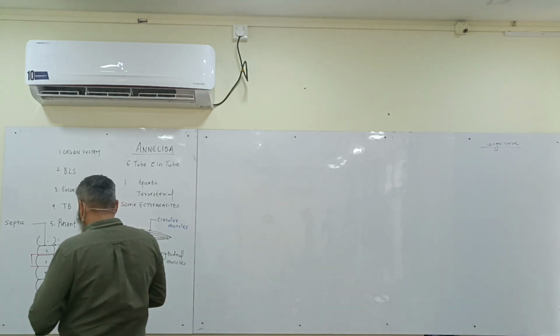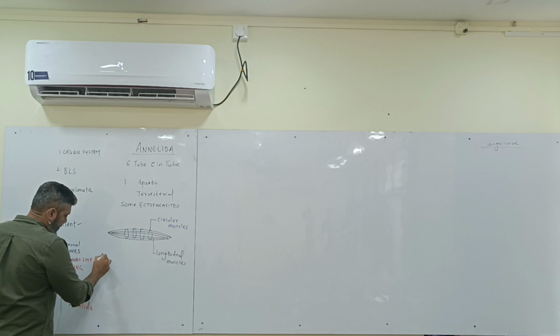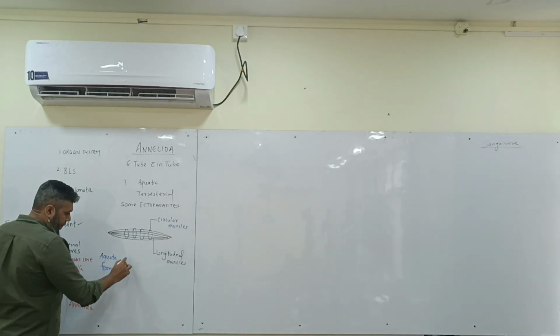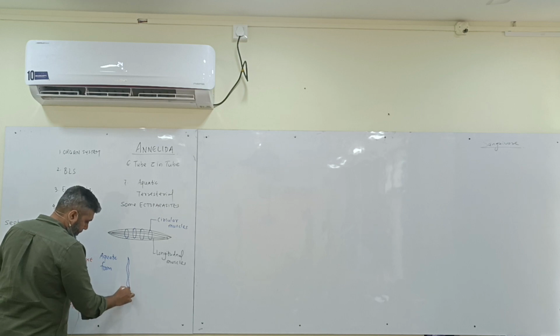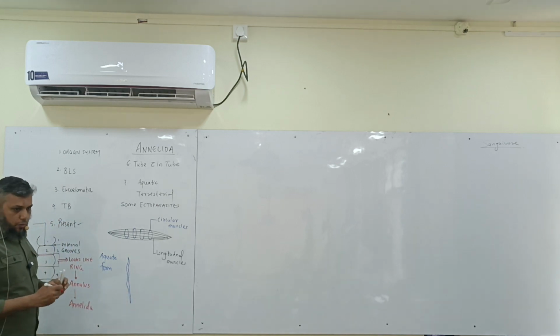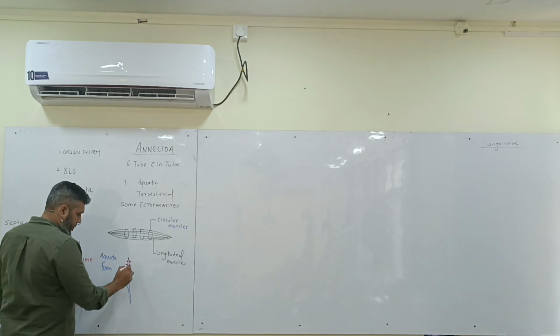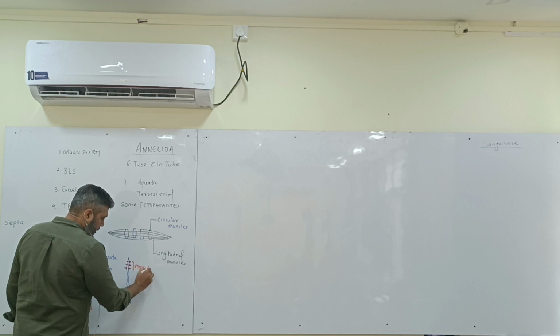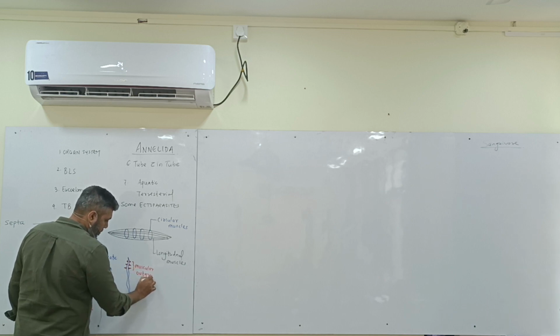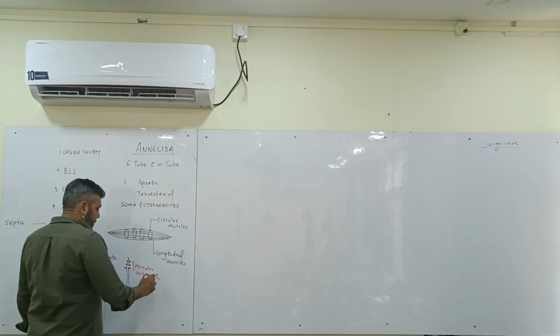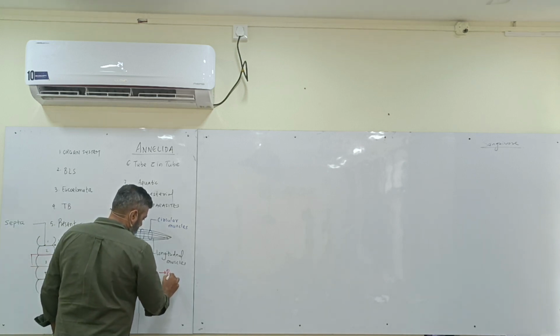Some of the aquatic forms, those who live in water, from their body they show the presence of muscular appendages. मतलब, a muscular appendage is nothing but a side, say lateral, outgrowth, which is called parapodia.